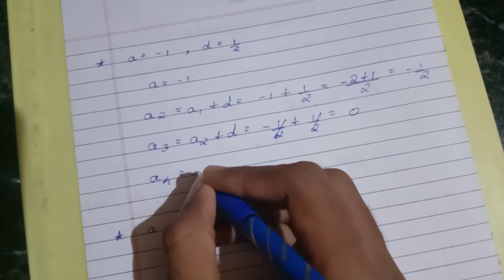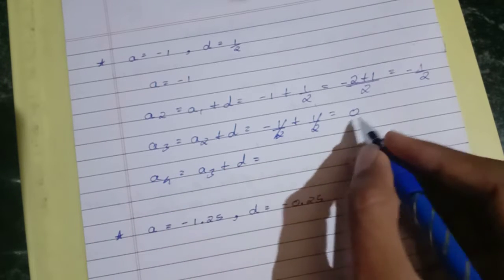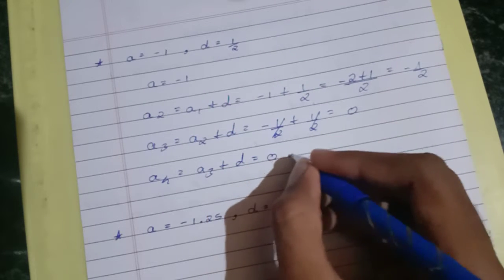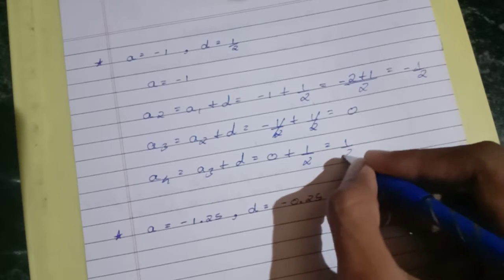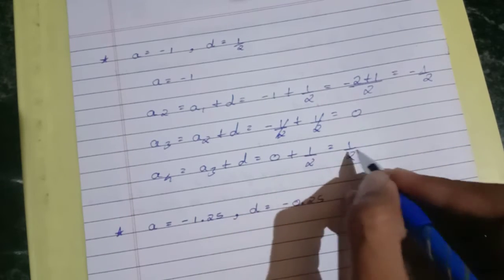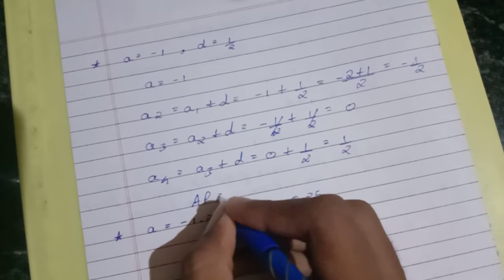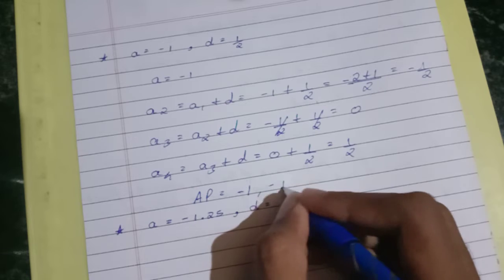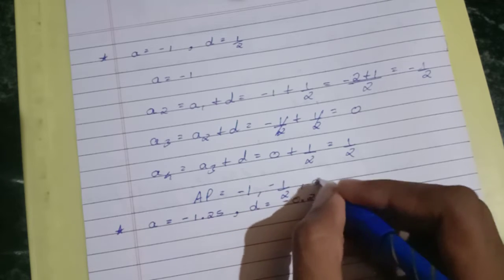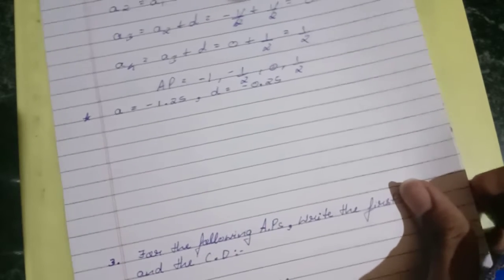A4 is equal to A3 plus D is equal to 0 plus 1 by 2 is equal to 1 by 2. Now we should find that AP is equal to minus 1, minus 1 by 2, 0, 1 by 2.